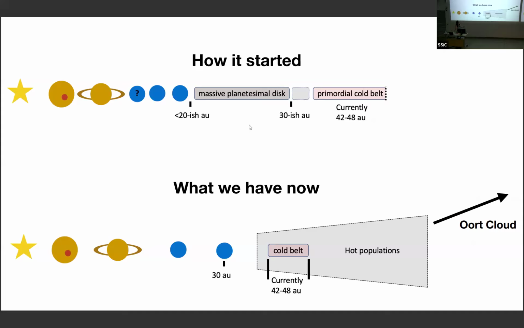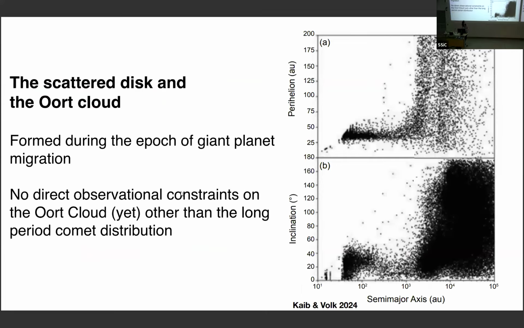And then they interact with this massive planetesimal disk and create the populations we see today during the epoch of giant planet migration. So what we have left today are the Trans-Neptunian populations and the Oort cloud populations that then refeed into the inner solar system. So we're going to start from the outside in.